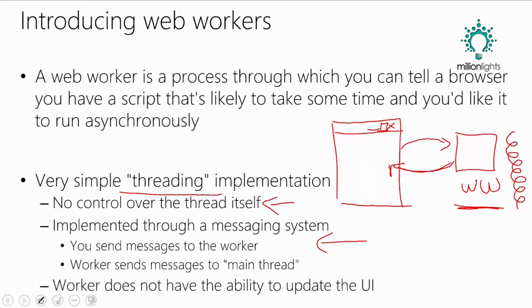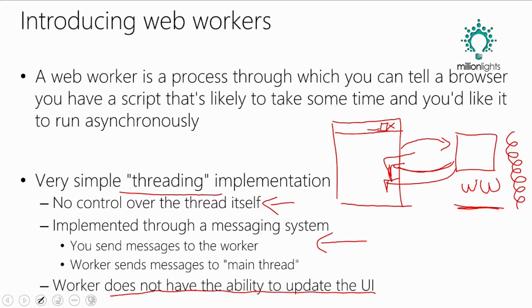Well, in order to solve the problem by not allowing it to take hold, the rule is that the only thread, if you will, that's allowed to update the UI is the main browser thread. So the web worker itself is not going to be able to update the UI. In order to update the UI, it'll simply have to send a message back to the browser and expect the browser to update the UI. So it does not have the ability to update the UI directly.